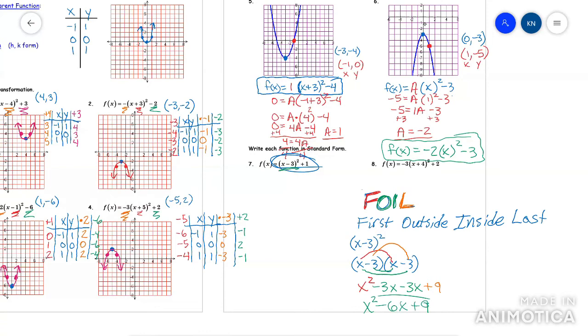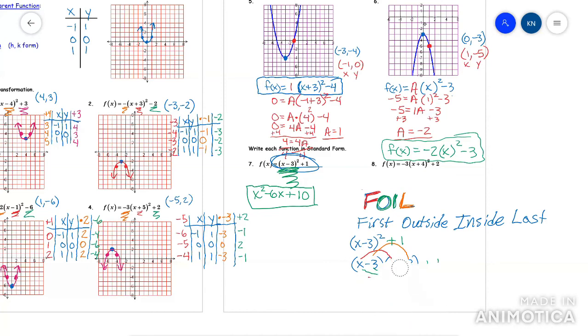That's just this x minus 3 squared part. You still have to handle the +1. So remember there was a +1 here. So when it's all said and done, my answer would be x squared minus 6x plus, I'm combining the 9 and the 1 to make +10, like that.